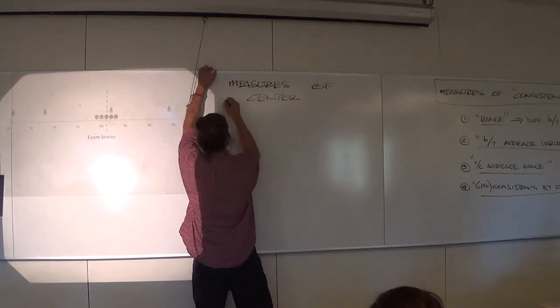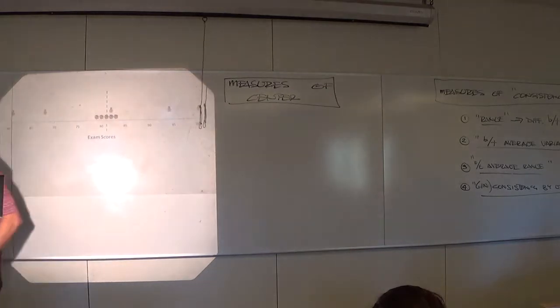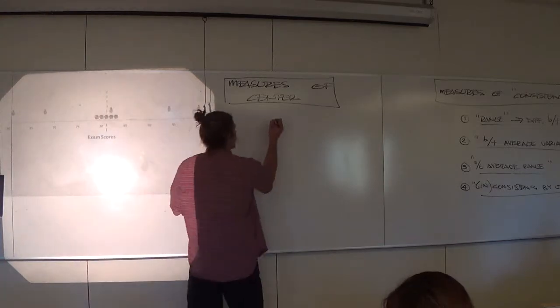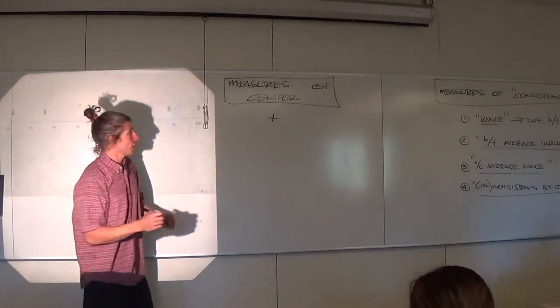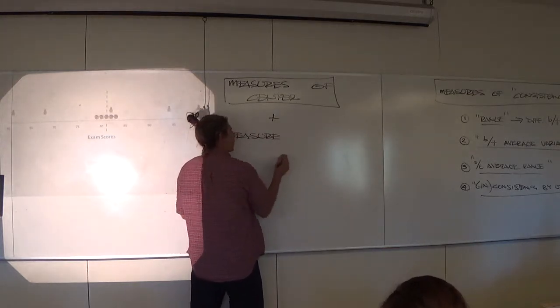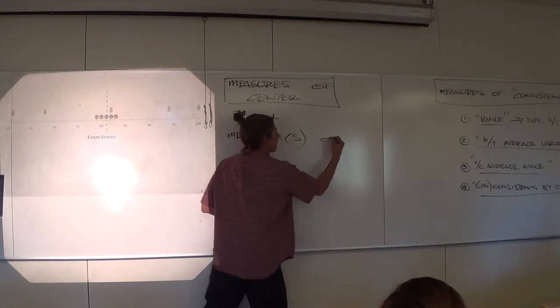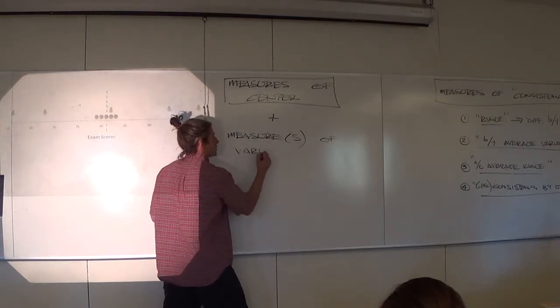But the problem is, center can fall flat on your face if 2 data sets are behaving the same centrally, but showing differences in other ways. One of the ways they can show differences is variation. So that's why I like pairing it up with measures of variation.